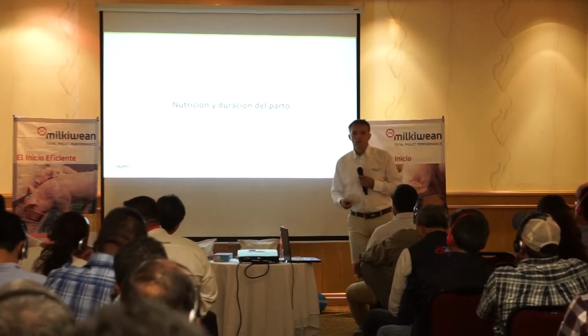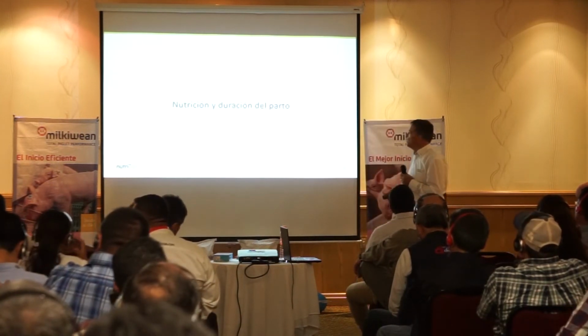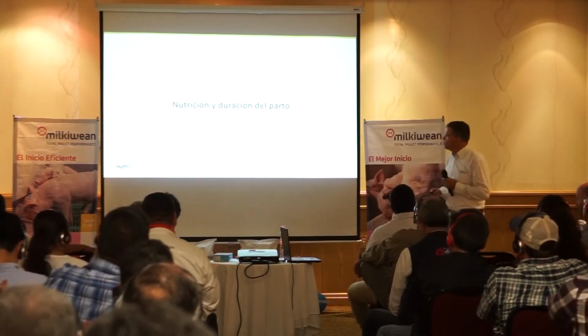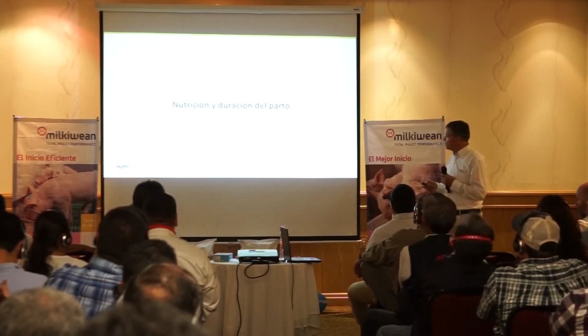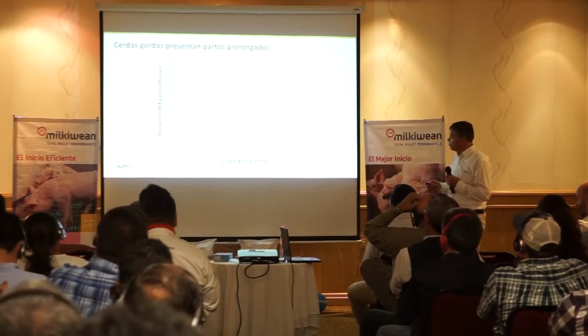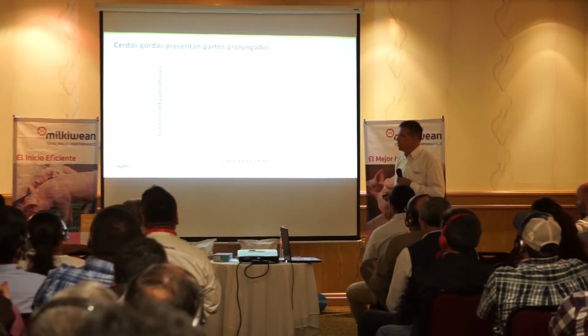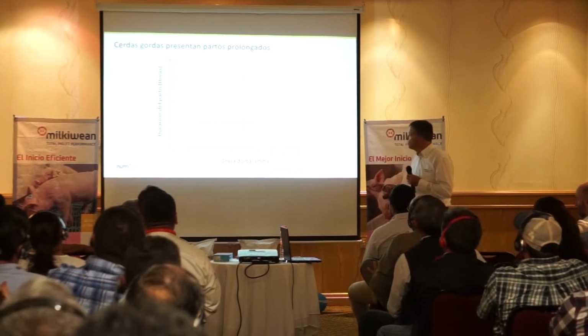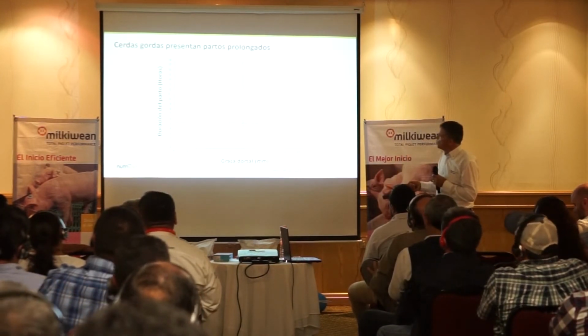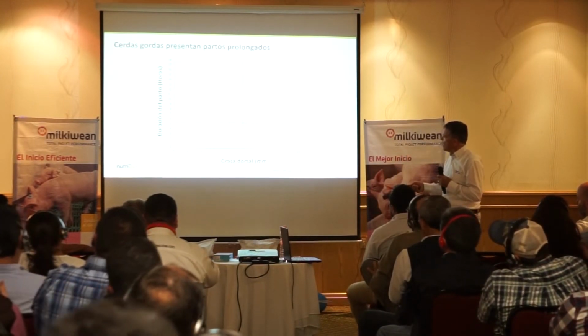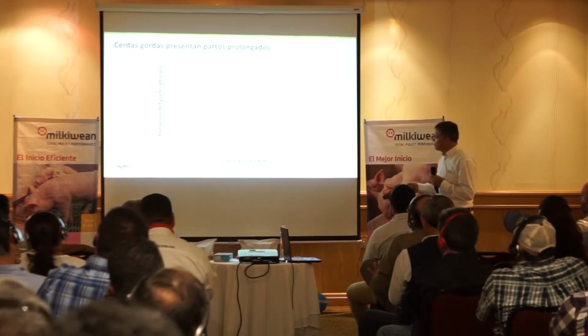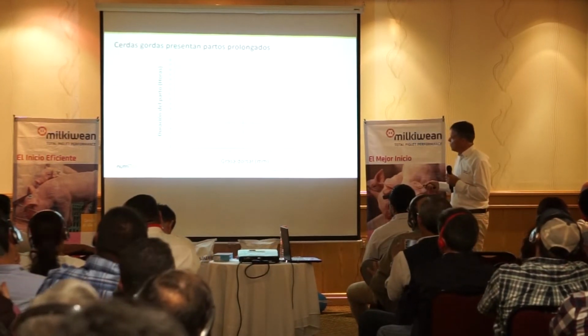So what can we do with nutrition in relation to the duration of the farrowing process? As mentioned, condition is one of the risk factors, and that is also shown in this study. So here we have the duration of the farrowing process, and here we have the backfat thickness at farrowing.